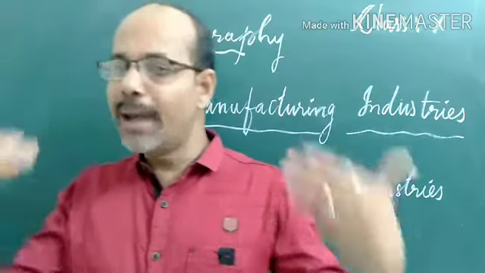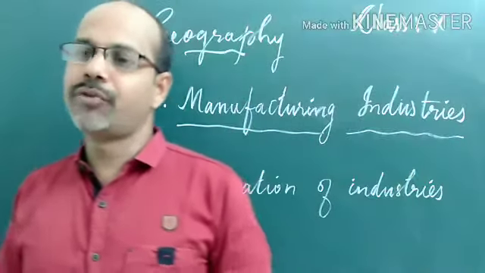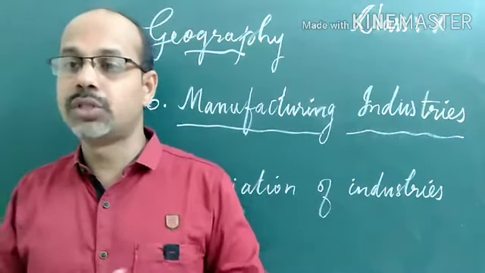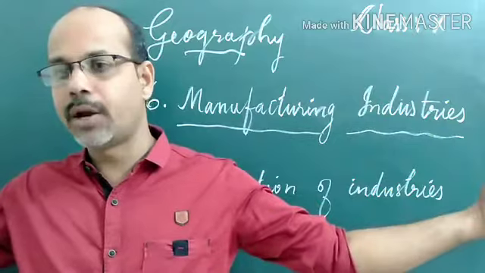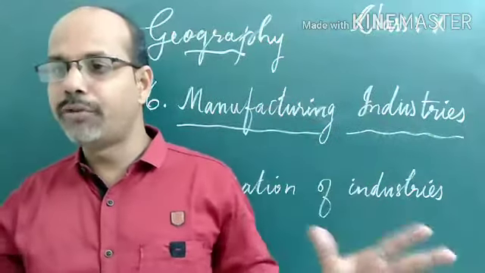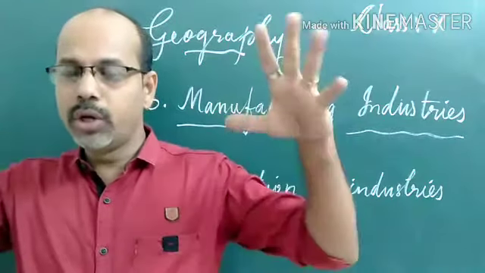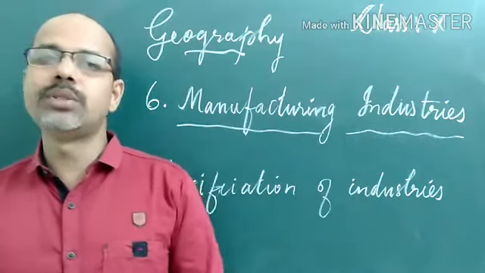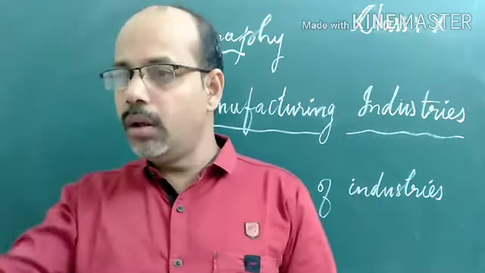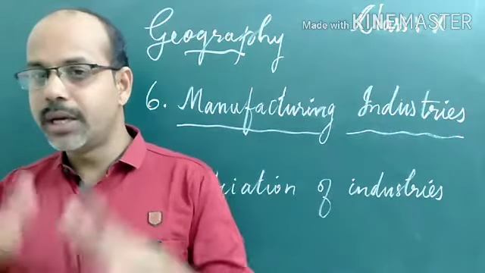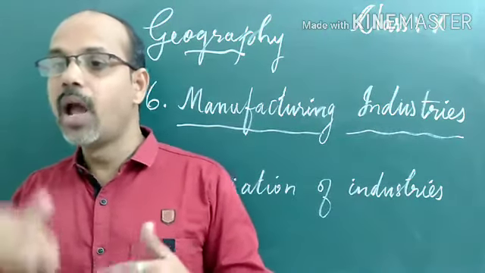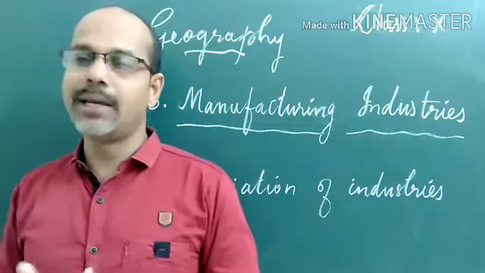Now, based on the bulk and weight of raw materials and finished goods, that is, how much raw material is used or how much finished goods are produced in an industry, we can say they are heavy industry or light industry.